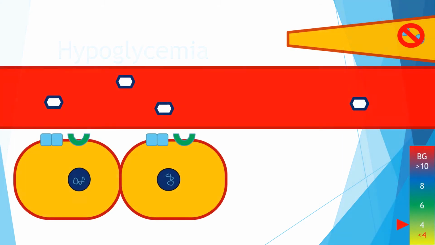There is another problem, hypoglycemia. Hypoglycemia is a serious matter also because this is what will happen. So we have blood glucose absorbed into our blood vessels, and we inject a little bit too much insulin. So our blood glucose is almost about 6, but we injected more than what we need.